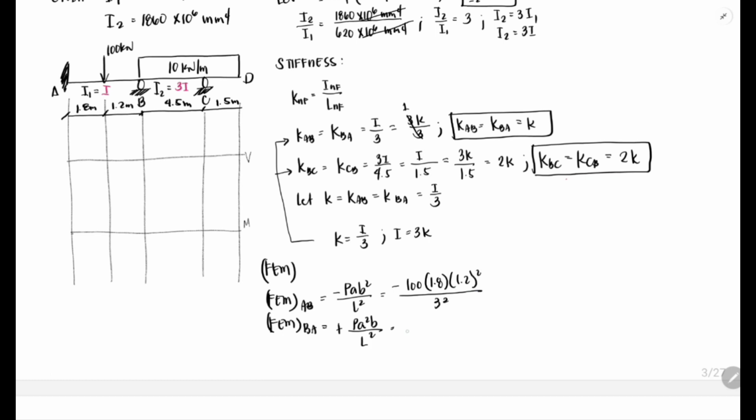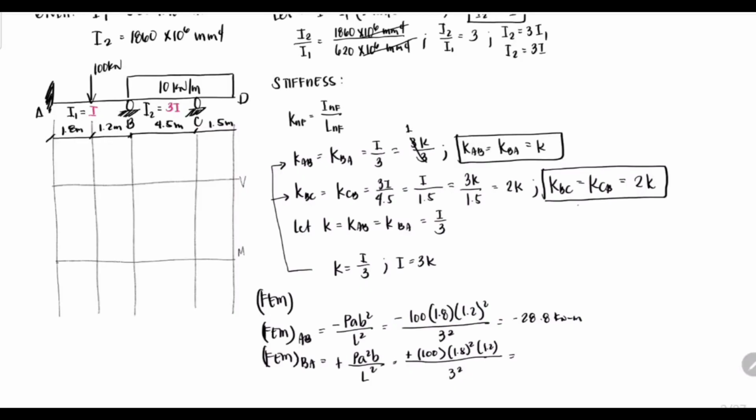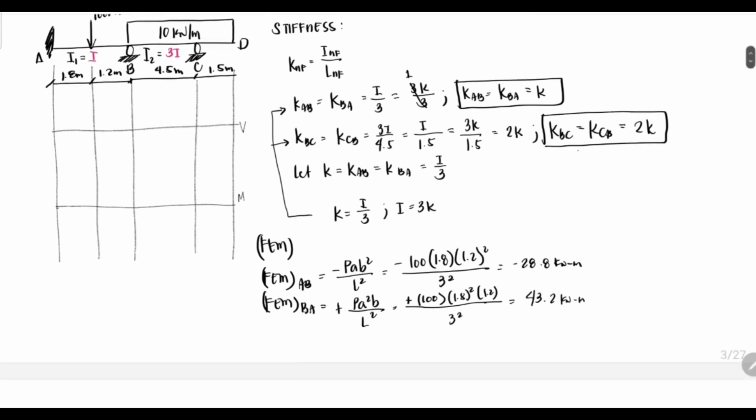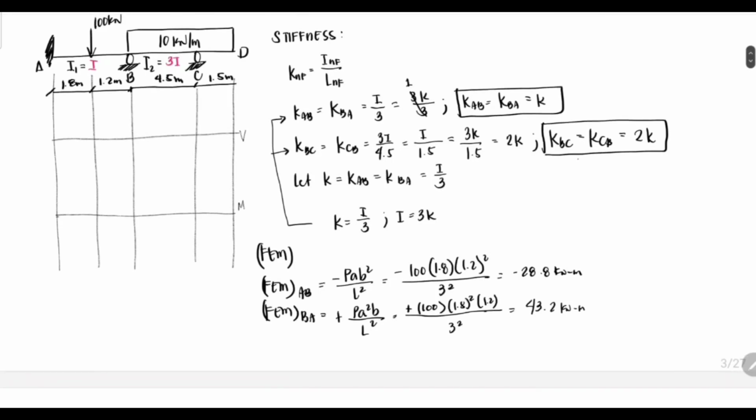Divided by 3 squared, and we have positive 100 multiplied by 1.5 squared multiplied by 1.2 over 3 squared. So, magkaiba yan ng value. So, dito sa una, 0.8 kN. Yung pangalawa naman, we have 43.2 kN.